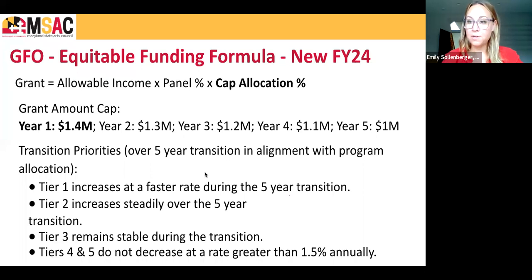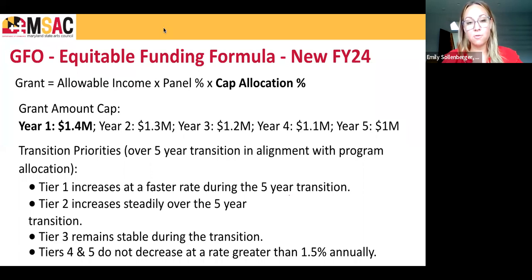Some additional priorities that the editors came up with during this 5-year transition: those that find themselves in tier 1 will increase at a faster rate during the 5-year transition. So those in tier 1 are our smaller organizations. Those in tier 2 would increase steadily over the next 5 years. Those in tier 3, so those are our mid-size organizations, will remain stable during this transition.